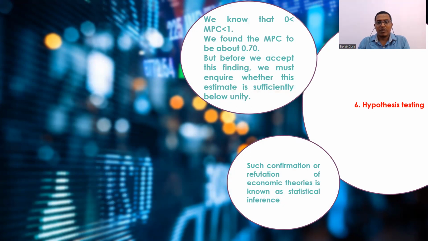As we have already found MPC to be 0.70, the statistical confirmation that we need is that 0.70 is sufficiently below 1. So such confirmation or refutation of economic theories is known as statistical inference. This is a different branch of statistics.